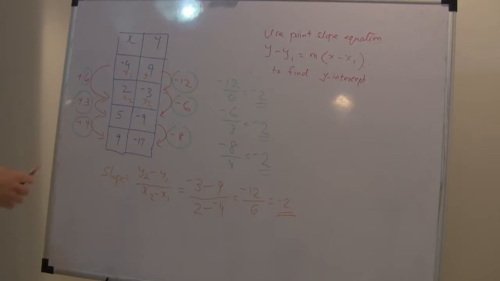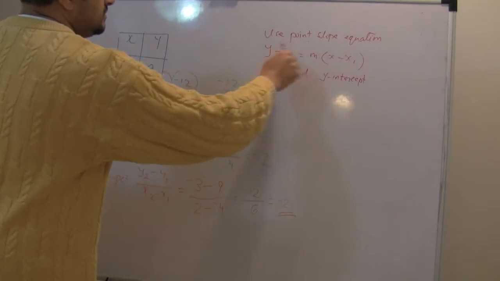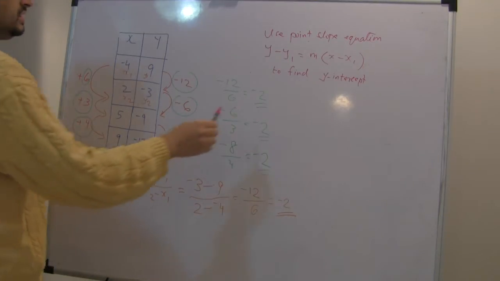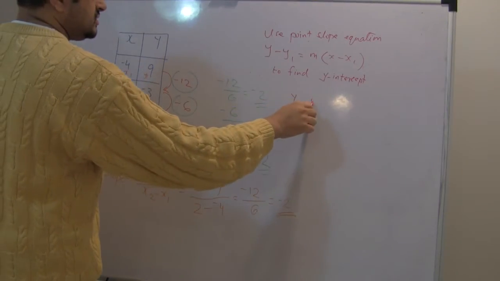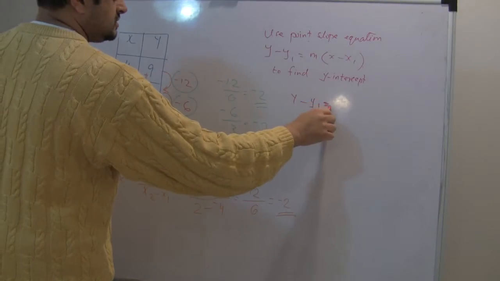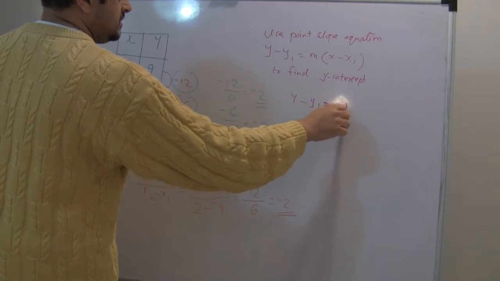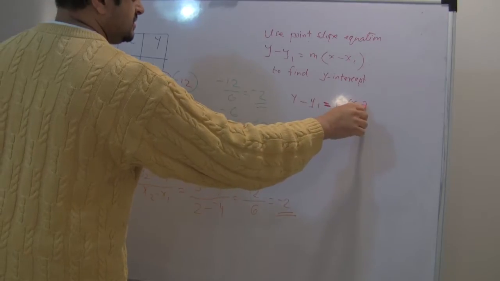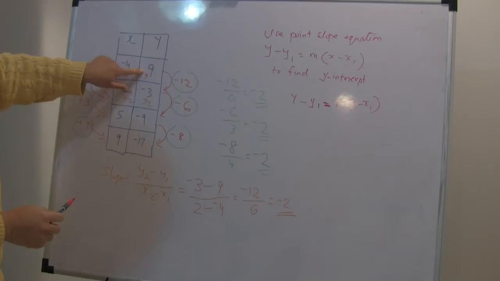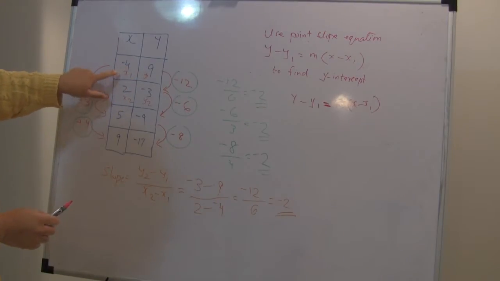So now let's use this equation to find the y-intercept. Okay, so y minus y1 equals m times x minus x1. So what's y1? 9. Okay, y1 is 9. And x1 is -4.